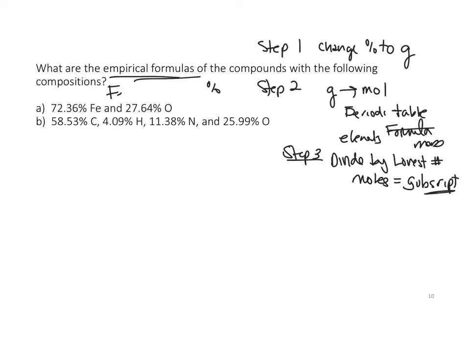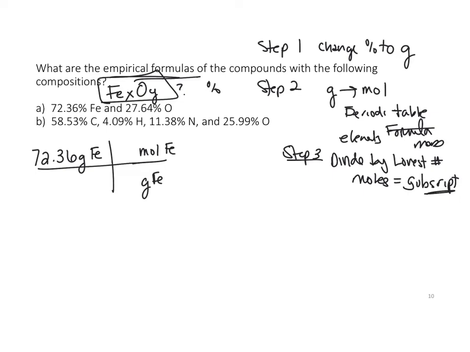So here we have iron. So this is what you're looking for. You're looking for X and Y, the subscripts. Well, for step 1, we do 72.36. Instead of percent, we say gram of iron. Okay, step 2, we're going to convert gram of iron to mole of iron.